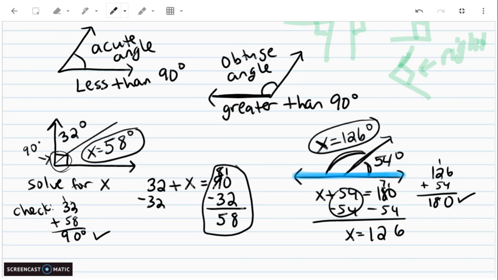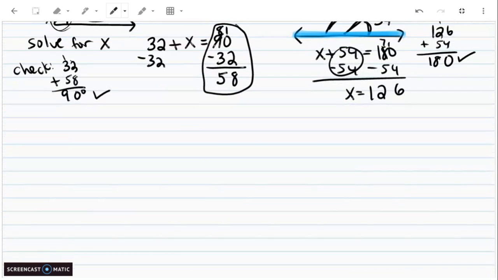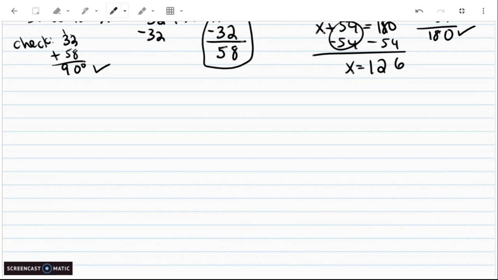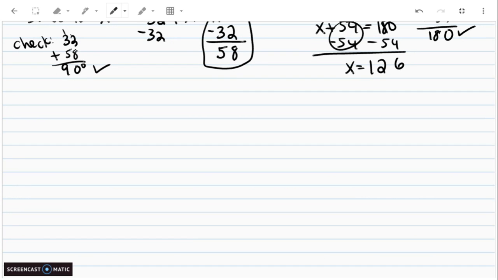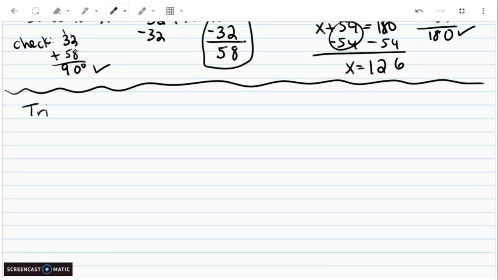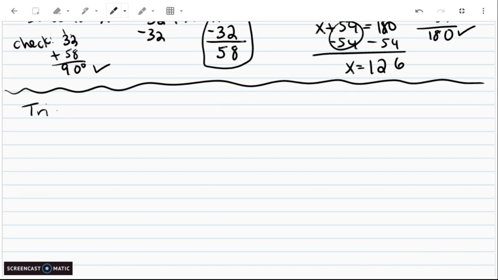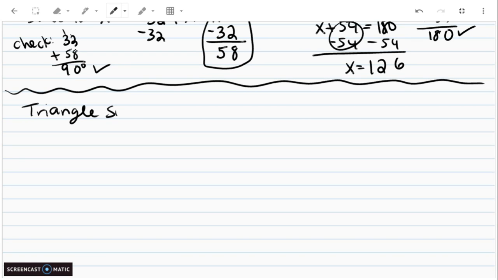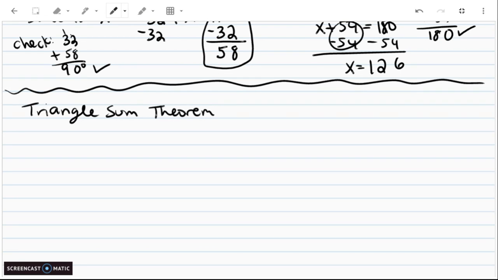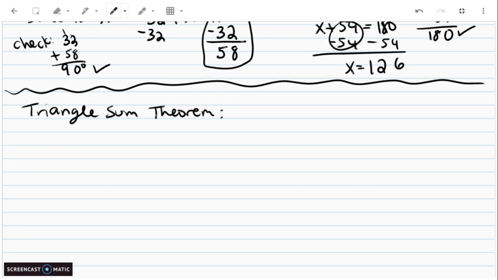So the second part that we did in class was talking about the triangle sum theorem. So this is the triangle sum theorem, kind of a dividing line there. This is the triangle sum theorem talking about triangles. And what it's telling you is about the interior angles, so I'm just going to picture first.